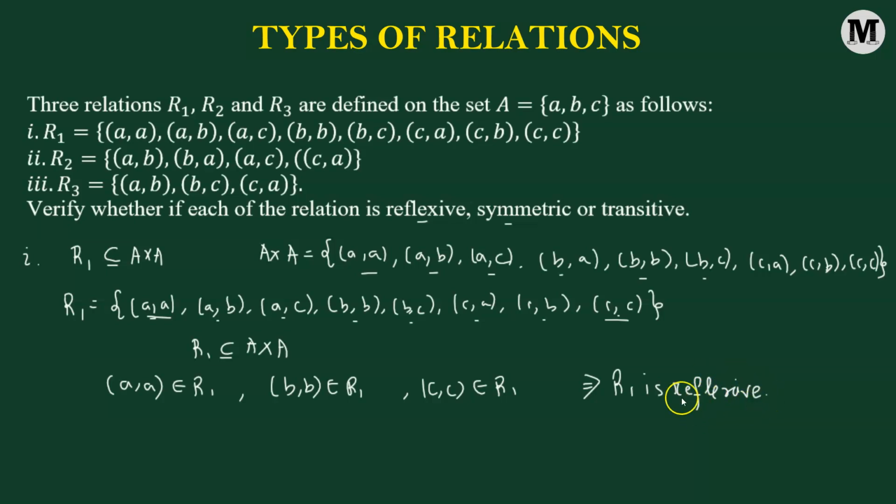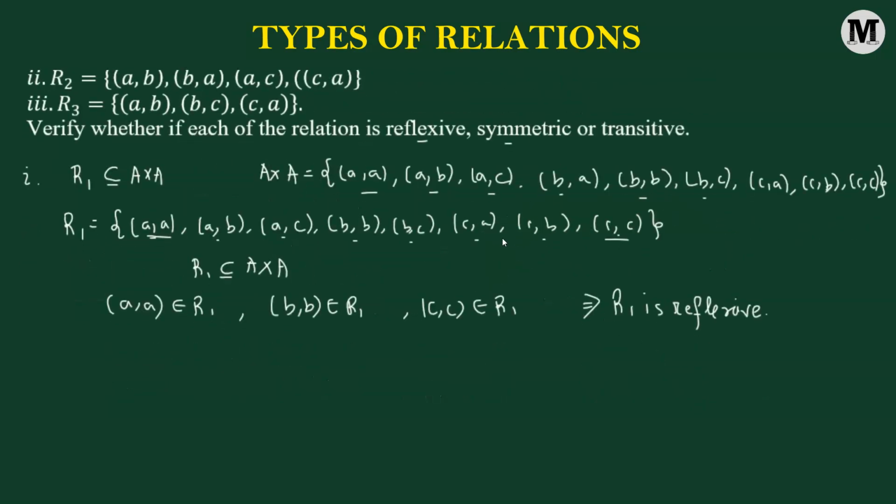Okay. Now, what about symmetric? Let's try to check the first ordered pair A comma A. If A comma A belongs to R1, we have to interchange the position of the elements in the ordered pair. Then we get A comma A, which must belong to R1. That's true. A comma A is already present in R1.